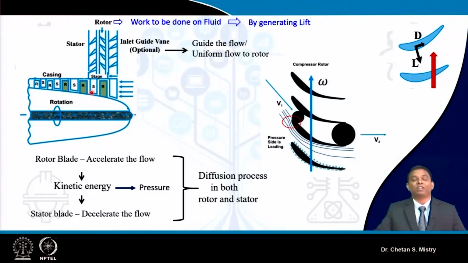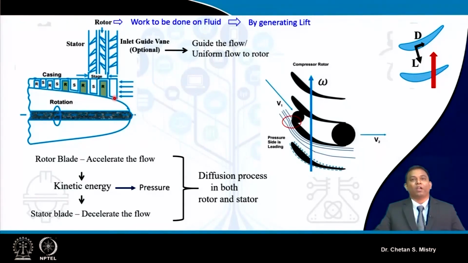You may have a failure, let it be a land based power plant or an aero engine. Okay, so this gives you an overall idea in terms of construction. There are many minute details inside, but in the interest of this course, we are focusing more on the aerodynamics. That is the reason we will not discuss the mechanical part in detail.